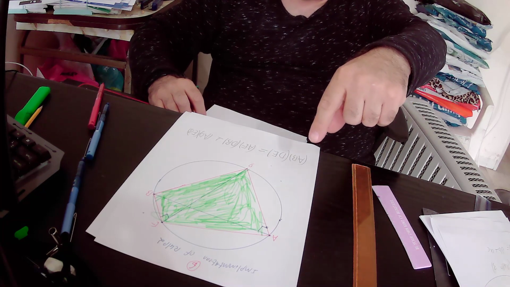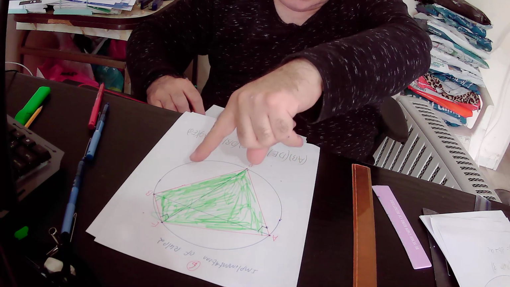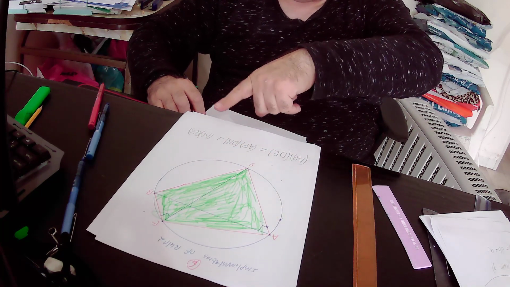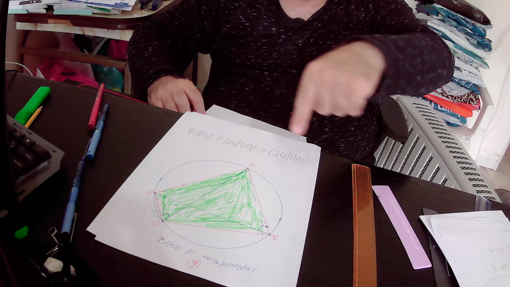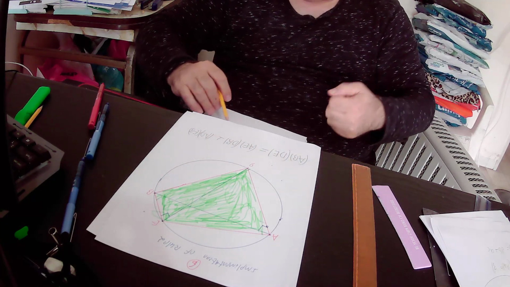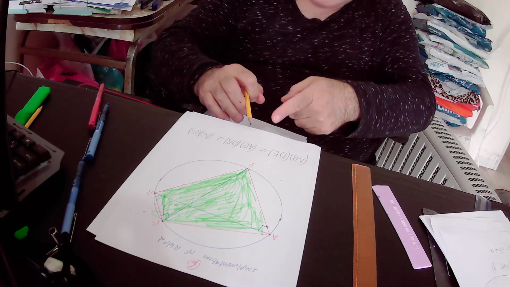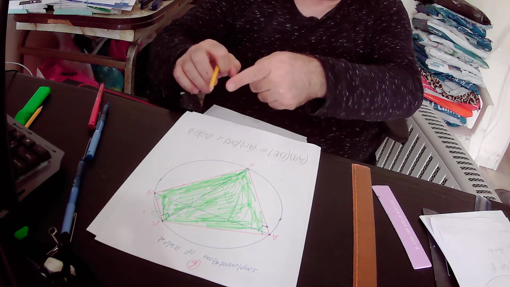The first product of the opposite sides is AE times DB. The second product of the other opposite sides is AD times EB. And the sum of the products of the opposite sides is product 1 plus product 2, that is to say AE times DB plus AD times EB.